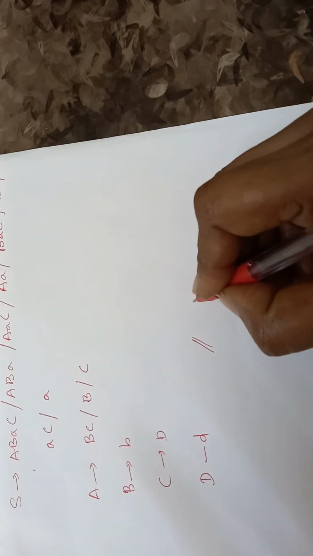Then again in this production it is AC, and in this production it is A. Right? Now A derives BC, null has been removed because we have substituted. Then again the remaining productions, B derives B, C derives D, then D derives D. Now this is the answer for removal of null production.